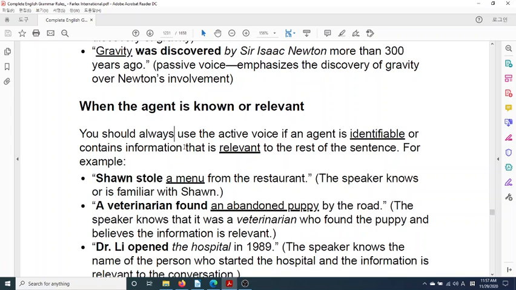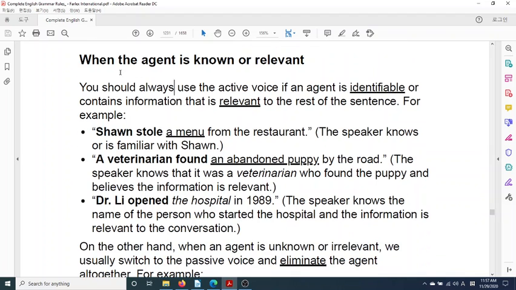Okay, if you just said a menu was stolen from the restaurant, you're kind of downplaying the fact that you know who stole it. Right? If you know who stole it, that's kind of important information to the sentence, right? Makes sense? A veterinarian found an abandoned puppy by the road, right?